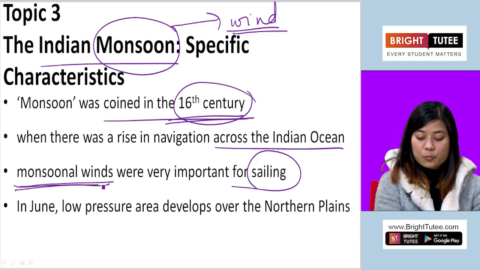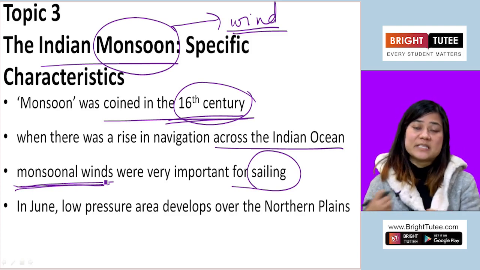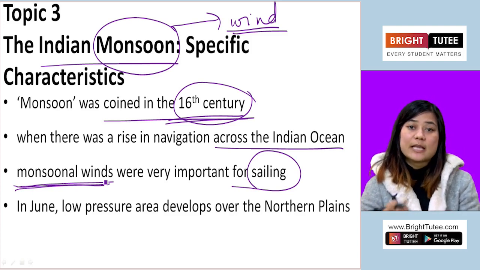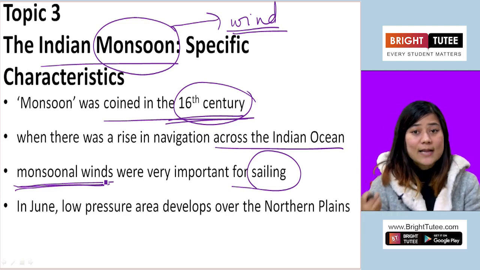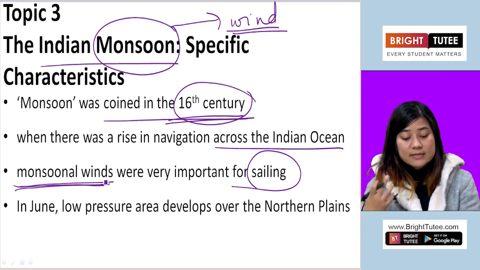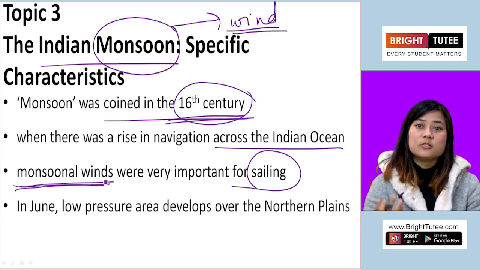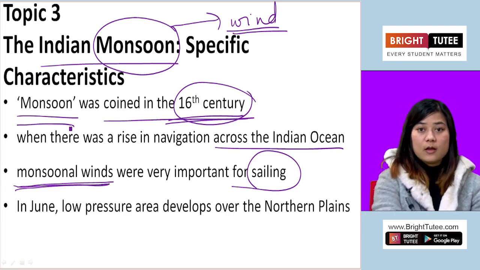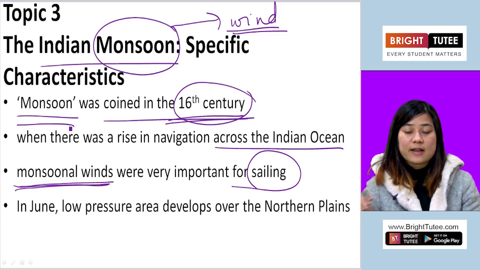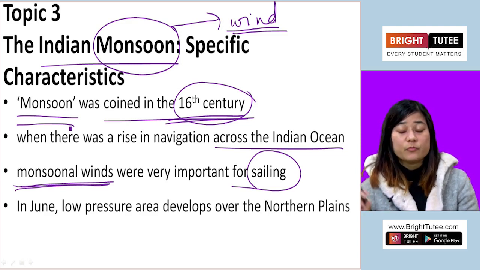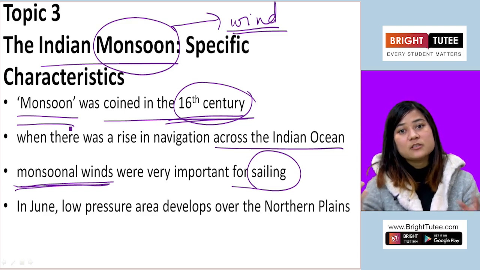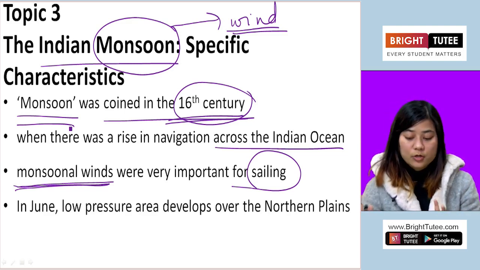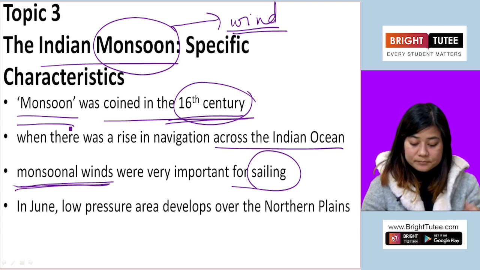Without the monsoonal winds, their ships could not be sailed in the direction they wanted. While they were figuring that out, they understood the monsoon, the direction of the flow of the wind, which they called monsoon, and as a result, they coined the term monsoon in the 16th century.